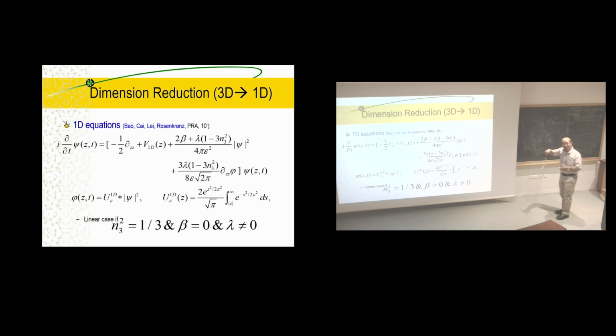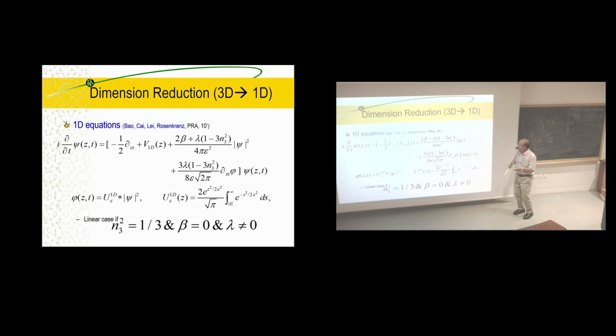Then you plug in, do the calculation, and end up with the following 1D model. Again, here phi equals u epsilon 1D convolved with this. And the interesting thing is u epsilon 1D: you cannot let epsilon go to 0. When epsilon goes to 0, there's no limit.